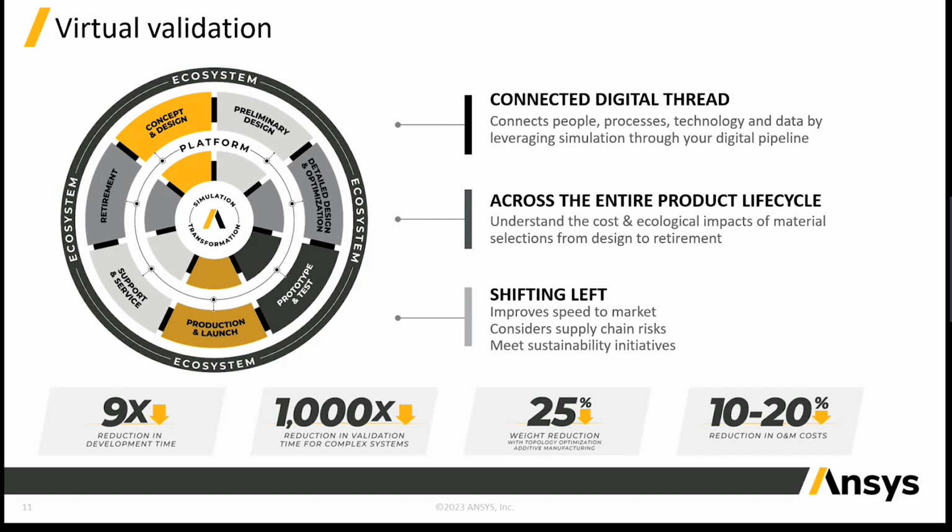So its validity can be tested and proved virtually. So the advantage is digital prototyping reduces development and validation time as well as costs. And in the next slides, I will show some examples how Speos can be used for such virtual validation.